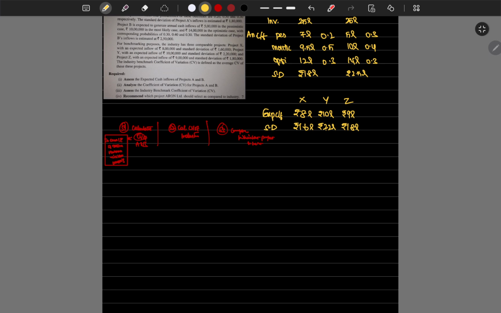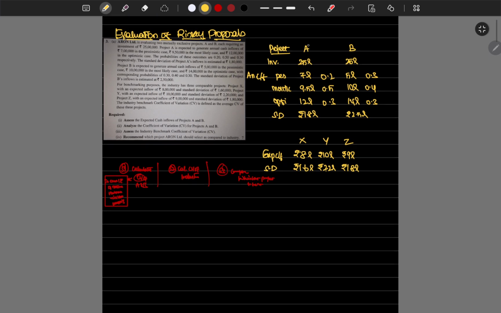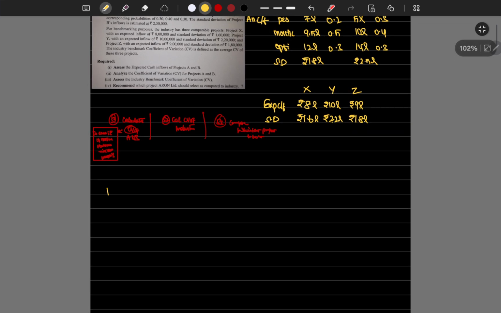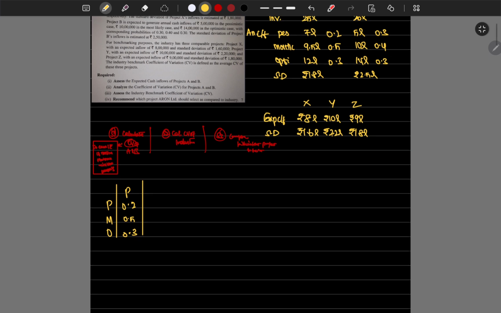Now we got the x values. We'll take this as x because x is more familiar. Pessimistic, most likely, optimistic. The probabilities are 0.2, 0.5, 0.3, and the values are 7 lakh, 9.5 lakh, and 12 lakh.